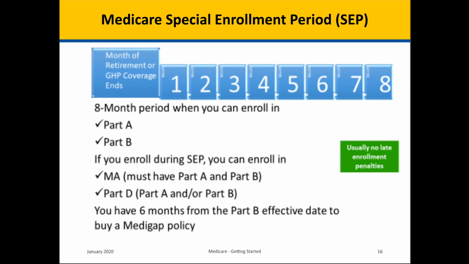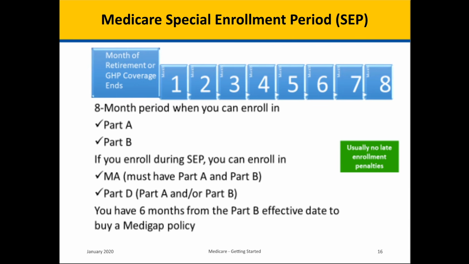So you have to be considered an active employee. Also important to note is that COBRA, retiree coverage, long-term workers' comp, and VA coverage aren't considered to be from active current employment, so wouldn't qualify for an SEP.